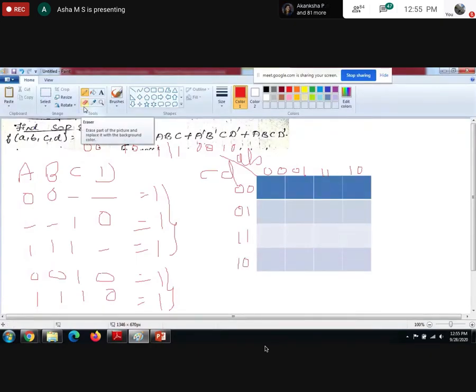Those who don't know how to write A bar B bar: A bar B bar is nothing but A and B should both be 0. So where will you get A and B both 0? The first column. Irrespective of the value of C and D, wherever A equal to 0, B equal to 0, place 1 because they are given the minterm.